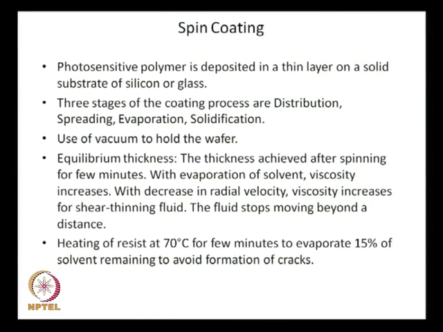Now, photosensitive polymer is deposited in a thin layer on a solid substrate of silicon or glass. So, the substrate is either silicon or glass when it comes to photolithography. Silicon is a crystalline material. We will discuss briefly what is silicon and what is the difference between silicon and glass. Silicon is a crystalline material and glass is an amorphous material.